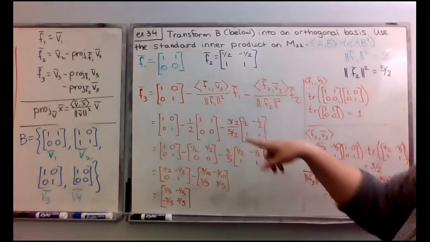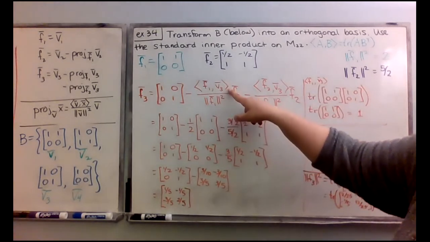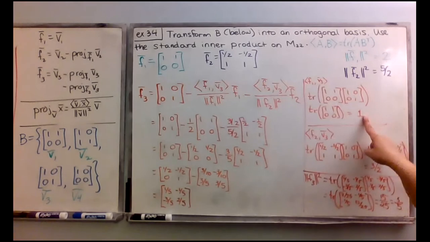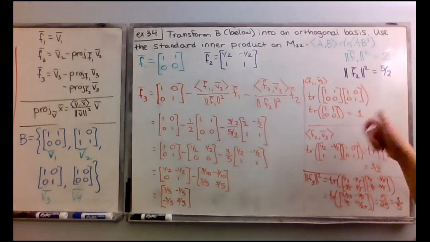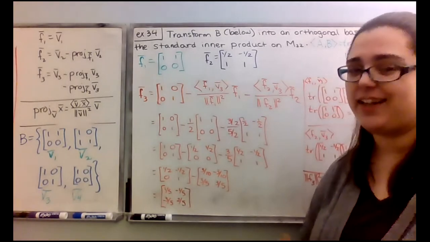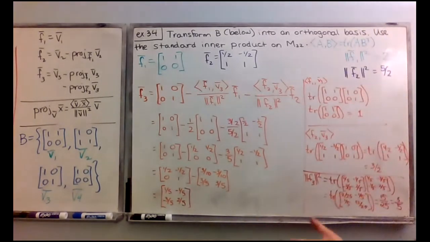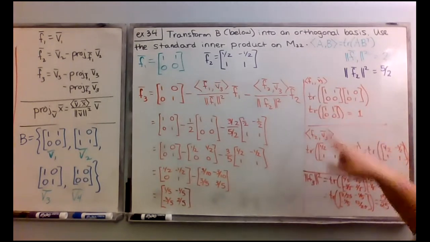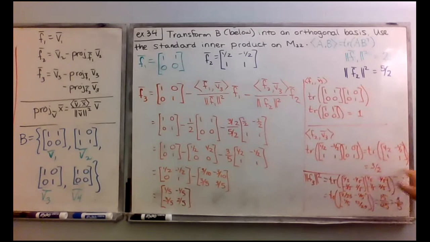So now I need to find the inner product of F1 and V3. So that's what I did over here, and I found a value of 1. This was actually really nice because the transpose of the identity is the identity, and if I multiply by the identity, it doesn't change. So really, I just had to find the trace of F1, and then ultimately the trace of F2, which was 3 halves.